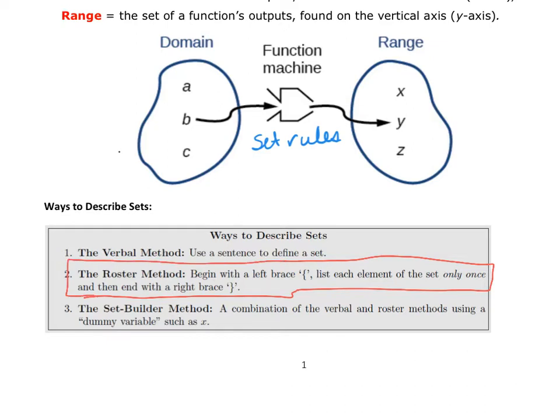We never use the roster method if we are looking at the set of real numbers. The roster method is only used if we know the exact elements of our domain or our range. The other way we can do it is set builder, and we were talking about what the set builder looks like. And then the fourth way is interval notation.